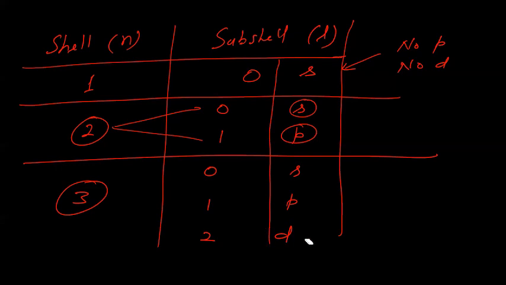In the fourth, obviously, there will be S, P, D, and also F. But D will first appear in third, F will first appear in fourth, and so on. This is again a type of question which is asked. You need to remember that in particular shells, there might not be all subshells present. Subshells will depend on the formula 0 to n minus 1 only.